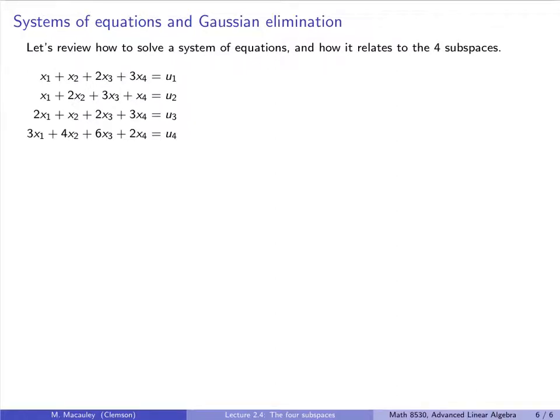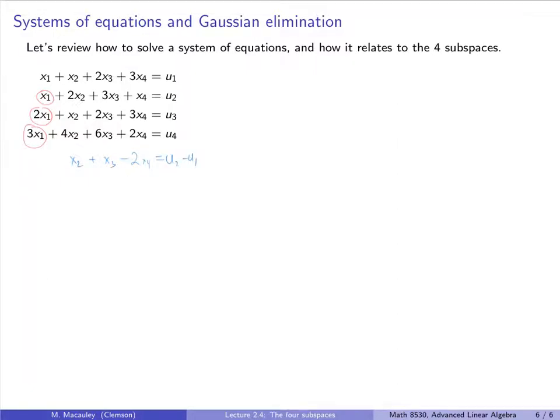So there's a lot of ways to proceed from here, but I think what makes the most sense is to use equation 1 and subtract suitable copies from it to eliminate x1 in the other equations. So if we subtract equation 1 from equation 2, term by term, we get x2 plus x3 minus 2x4 equals u2 minus u1.